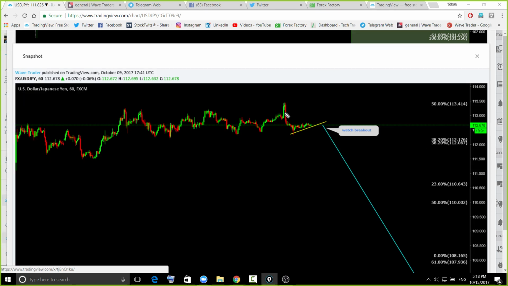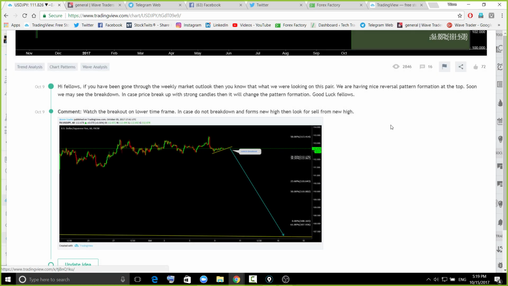If you remember, I told you last week from this area, when price was somewhere here, to watch this formation. Once price completes that formation, you need to look for a trade setup for the downside. If you go back to the previous weekly market outlook, you can understand that. We were anticipating that formation. So far it is falling, but not so aggressively.